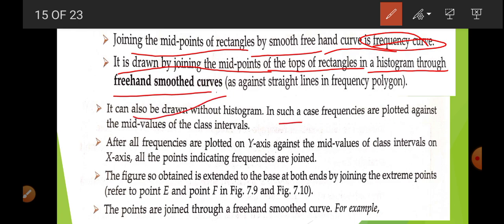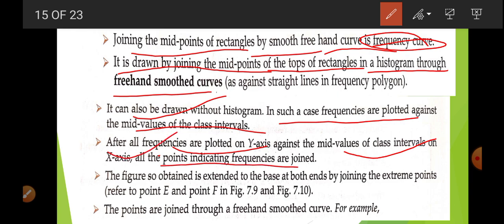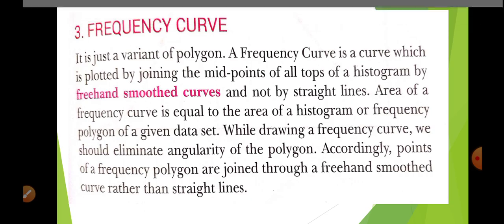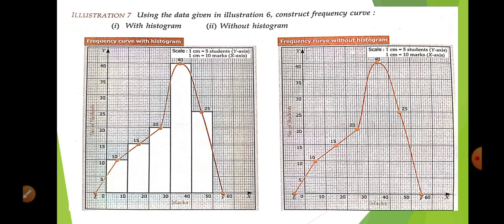Okay, in such a case, mid values of class intervals are plotted against frequencies. After all frequencies are plotted on the y-axis and mid values of class intervals on the x-axis, all the points indicating frequency are joined. The same thing is given in your book. Here is one example: frequency curve with histogram and without histogram.